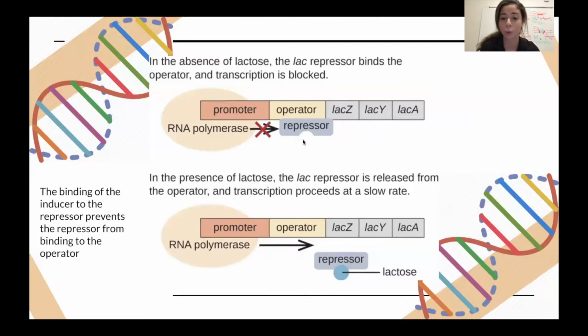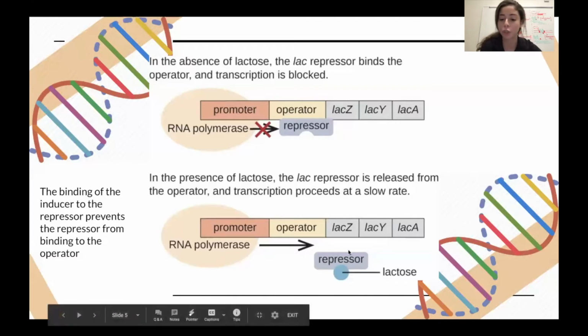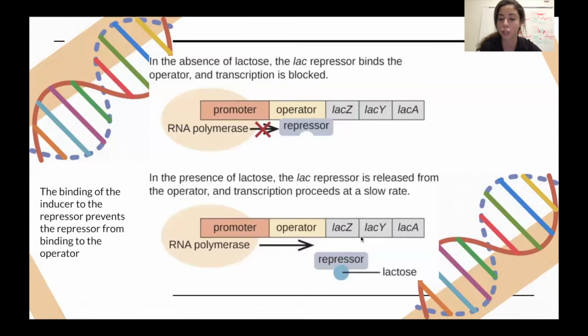In this case, the repressor is bound to the operator, disallowing RNA polymerase to transcribe the genes, but it can be made to turn on. An inducer binds to a repressor, moves it away from the operator, and allows RNA polymerase to transcribe the genes. That is a foundational concept you need to know about inducible systems, and a very common example would be the lac operon.